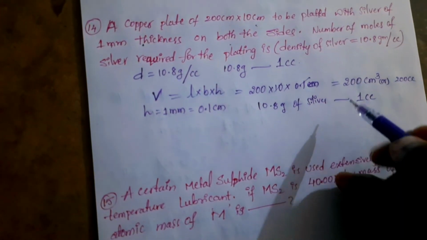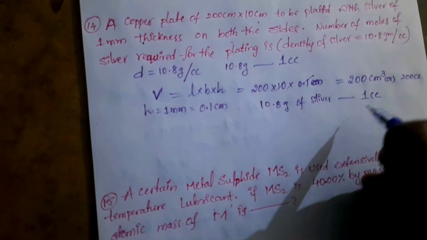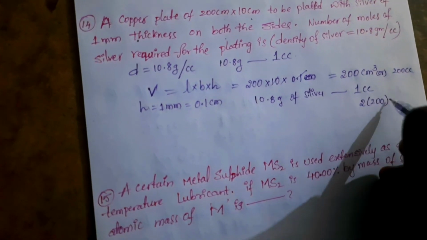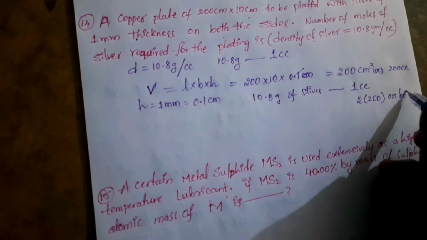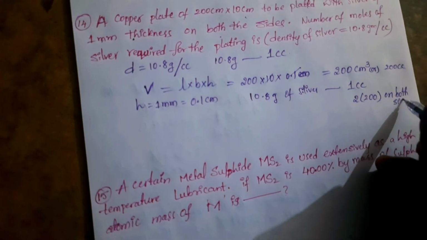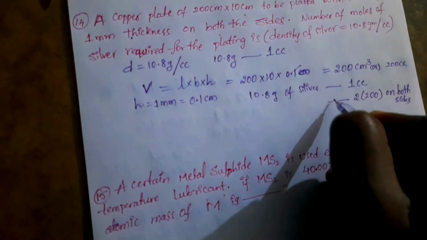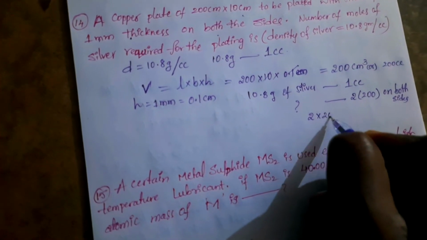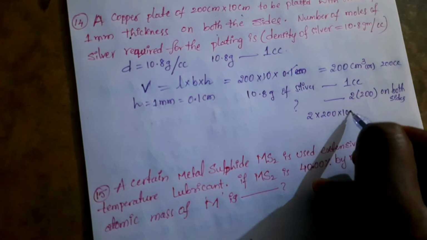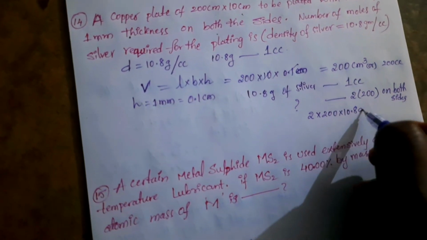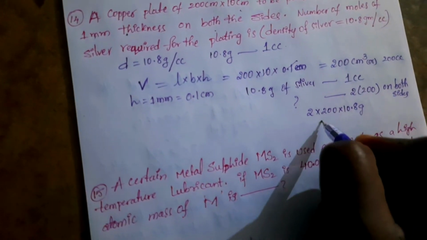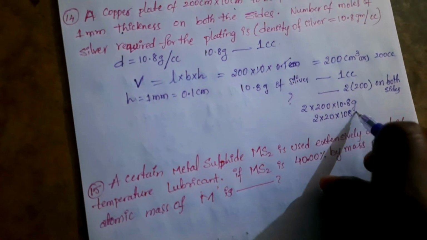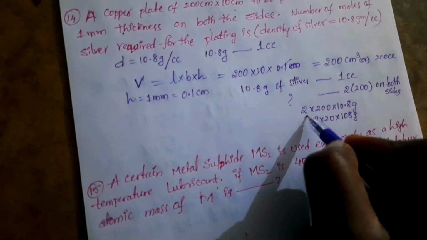If on both sides, that is 2 into 200. Then how much is the weight? That is 2 into 200 into 10.8 grams. You can write it as 2 into 20 into 108 grams. Now just leave it as it is.